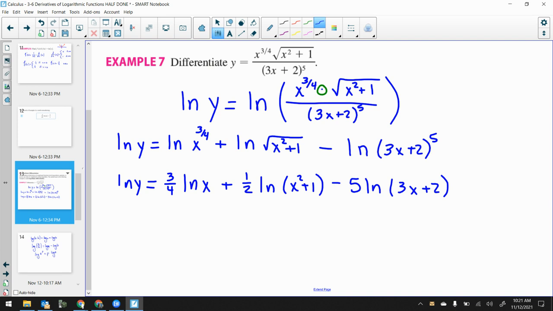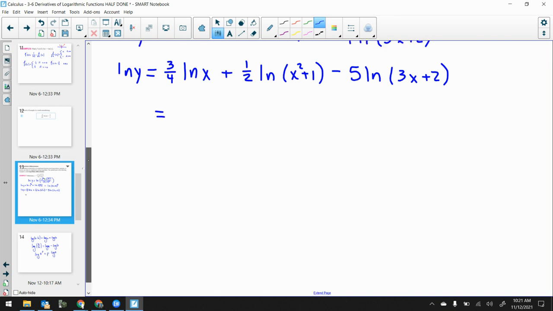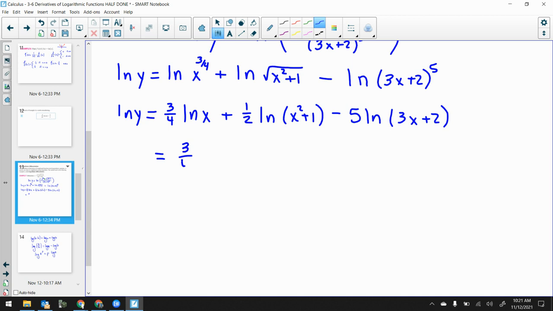Now, you may be thinking, isn't it more difficult to apply the differentiation on the natural log? No, remember, it's really easy. I'm going to deal with the left side in a second, but this would be 3/4. What's the derivative of ln of x? 1 over x. So 3 over 4x, plus, remember that if I've got a chain rule type thing going on, I can take the derivative of the inside divided by the original.